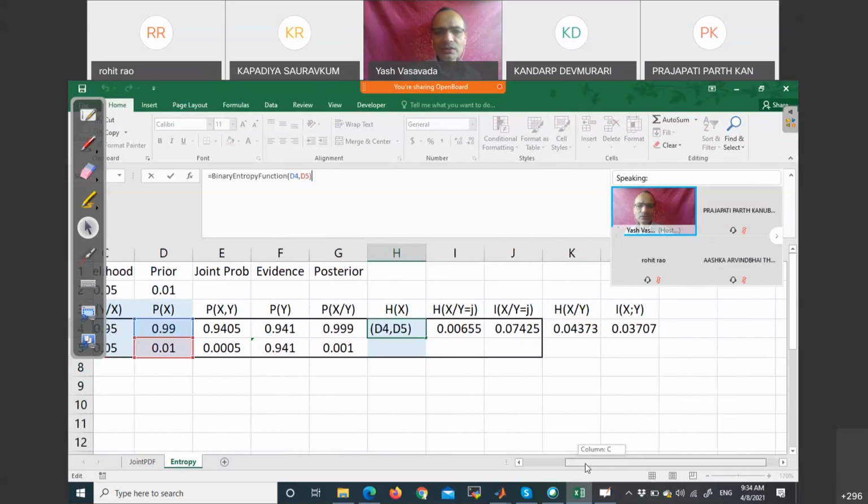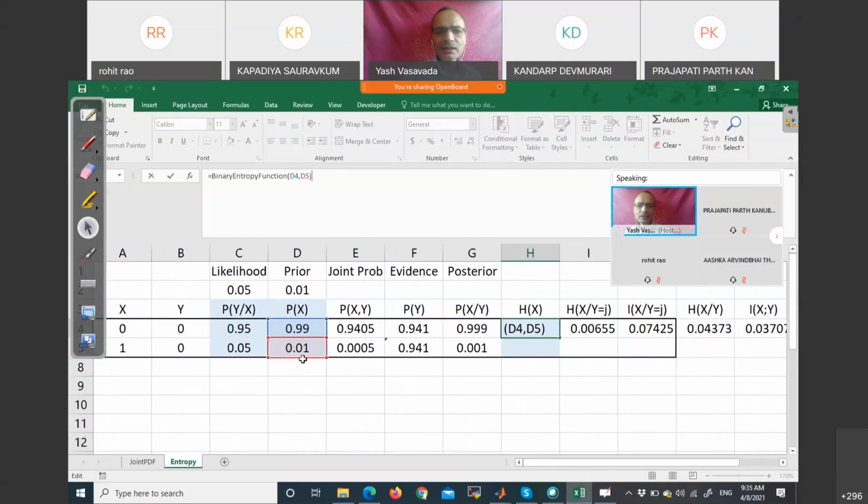It is taking these 2 values at its input, and based on that, it is telling me that the entropy of the source is 0.08 bit. The conditional entropy of the source, as was just mentioned, has gone down.